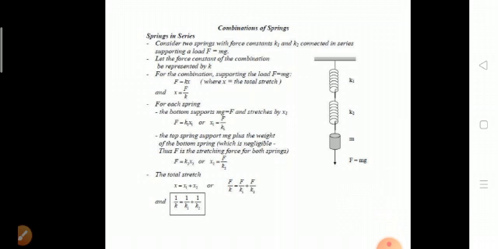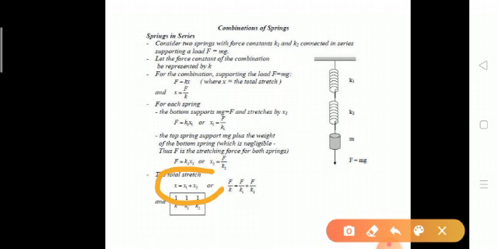Let's suppose the deflection of spring k1 is delta 1 and the deflection of k2 is delta 2, and the total displacement of the system is delta x. Here they have considered x as the main displacement of the system, x1 as the displacement of spring 1, and x2 as the displacement of spring 2.